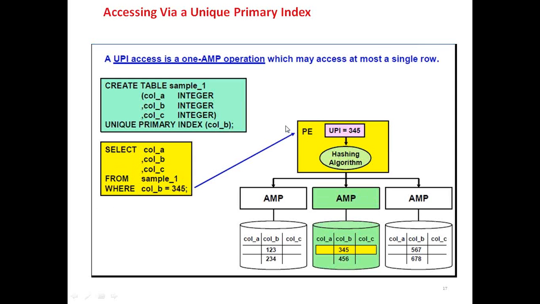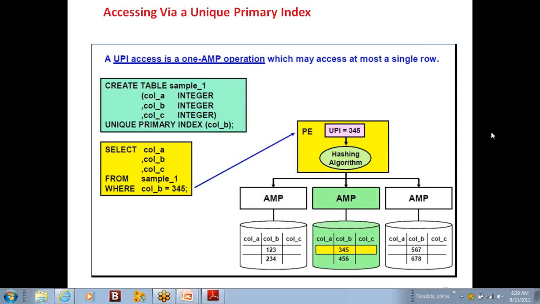Okay, so now tell me what are the considerations we have to keep in mind while choosing a primary index. The first one, can anyone guess, from the things we have seen so far? What are the two considerations? Level of uniqueness.